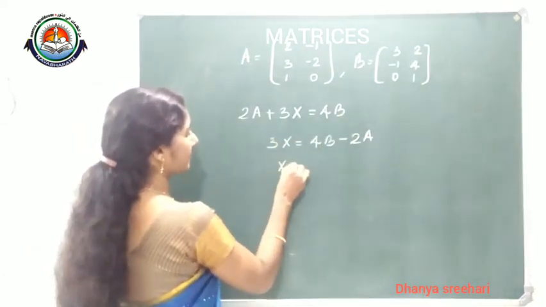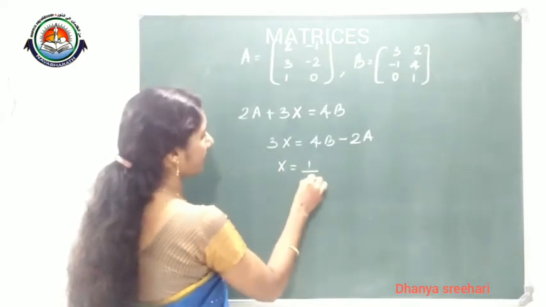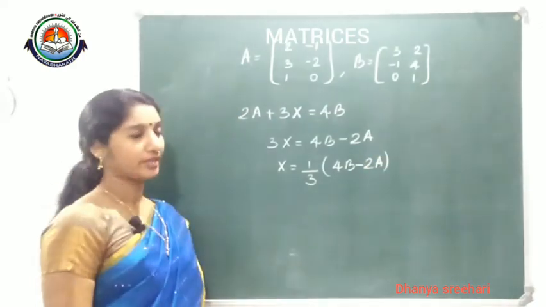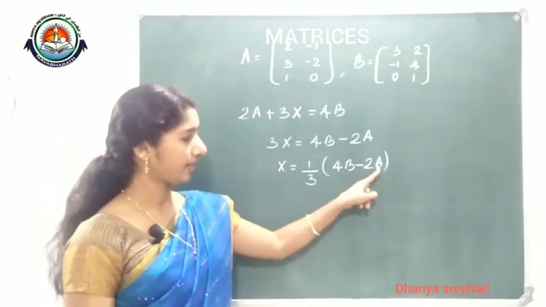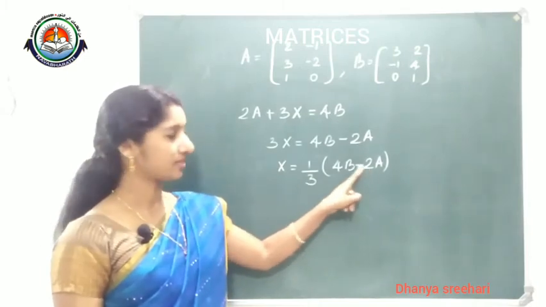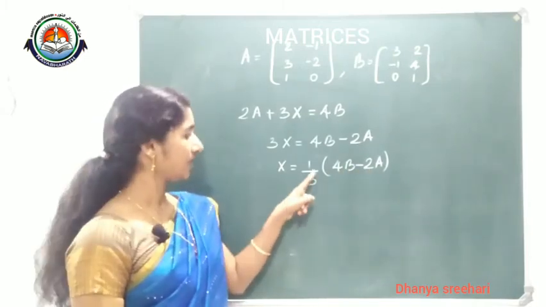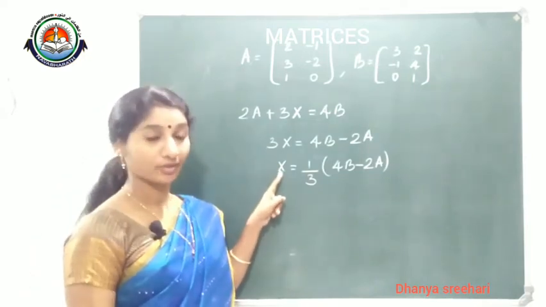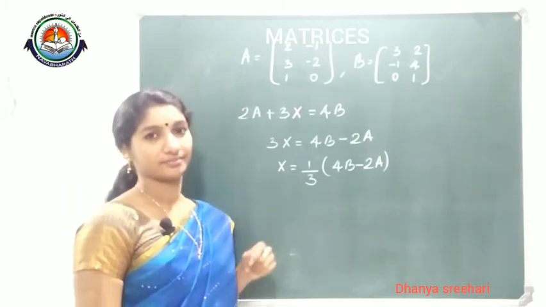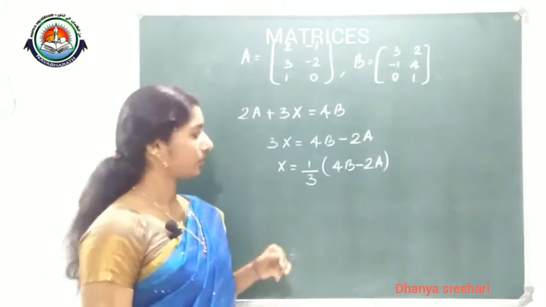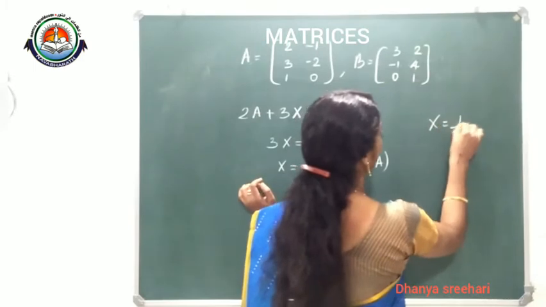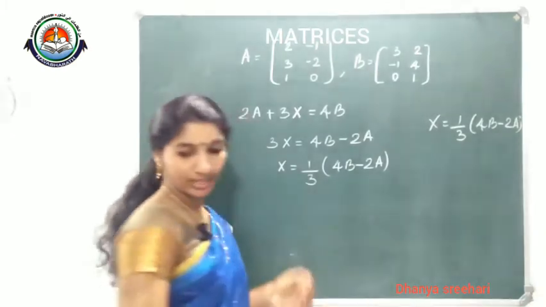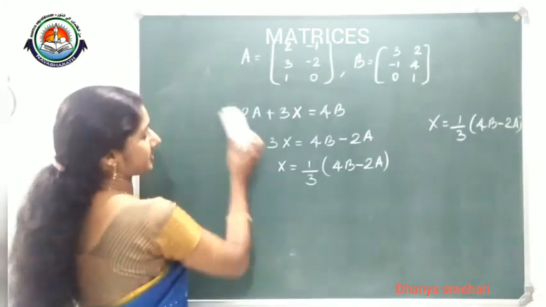So we get X is equal to 1 by 3 of 4B minus 2A. We need to calculate 4B, then 2A, then find their difference, first matrix minus second matrix. Then we do 1 by 3 of that matrix, and we get the matrix X. So X is equal to 1 by 3 of 4B minus 2A.